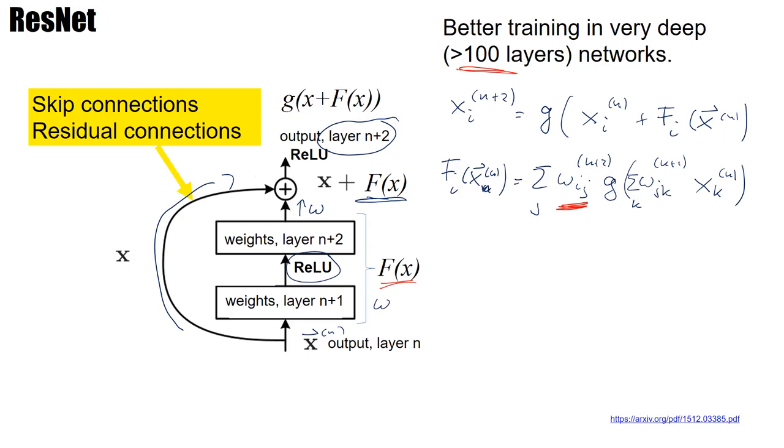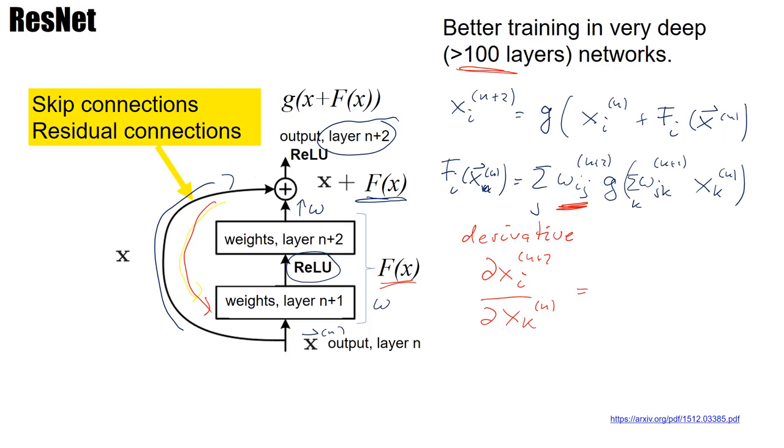Now, what I would like to show here is that if we take the derivative, if we look at the gradient, then there's always this line here, which guarantees a full transmission of the information from the output towards the lower layers. So let's look at this derivative of x_i in layer n+2 with respect to x_k, a component k in layer n.